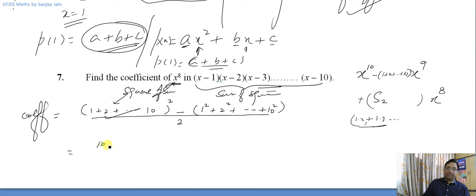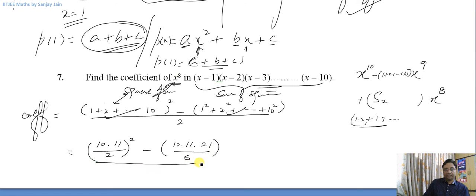This will be n into n plus 1 divided by 2, squared, and this will be n into n plus 1 into 2n plus 1, that is 21, divided by 6, and this whole expression is divided by 2.